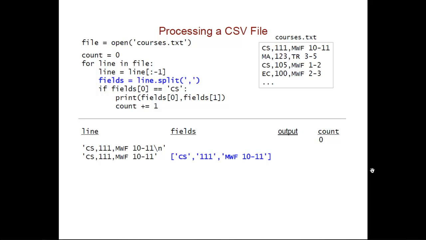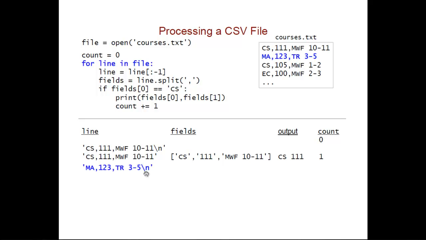This allows us to check to see if the first field is equal to CS. If it is, that means that this is a CS course, so we're going to print the department code and the course number, and then we're going to increment our counter.